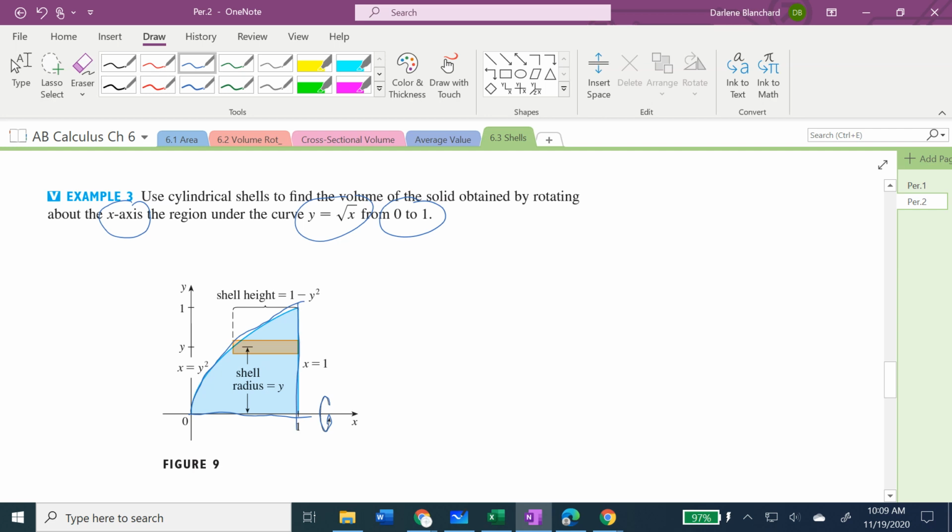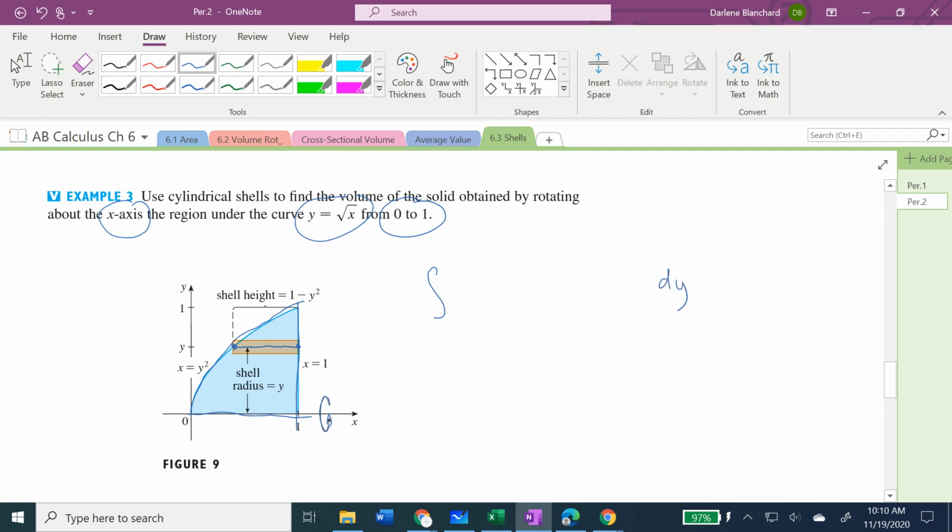Now, if the x-axis is my axis of rotation, then when I draw my rectangle, it is parallel to the axis of rotation. And if I have a rectangle that is horizontal, then vertical creates the tiny cuts. So I'm dealing with a dy integral.